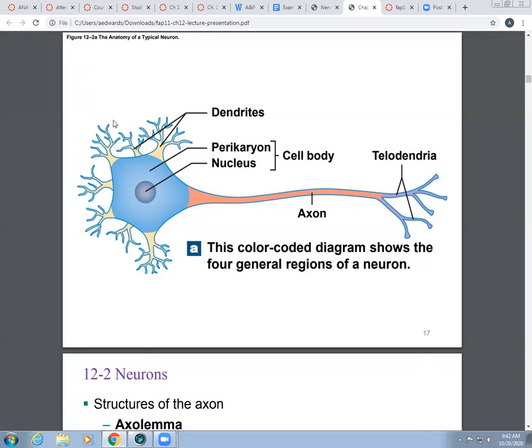Axons are going to send information, dendrites receive information. Important point. Make sure you know that.